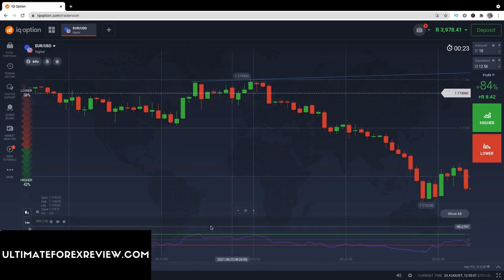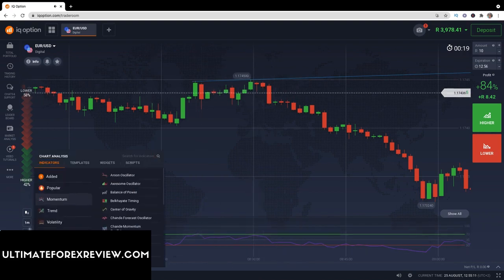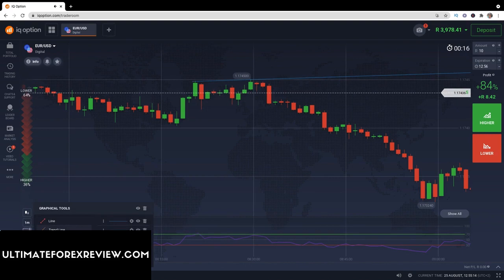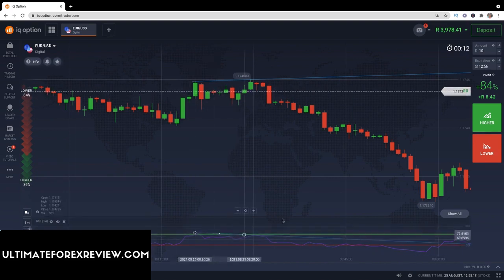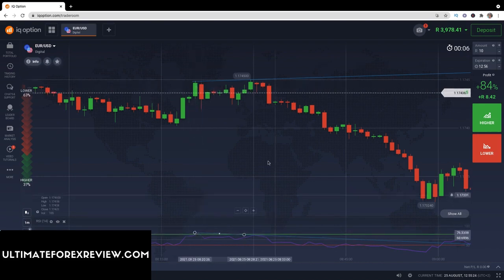However, we have a contradiction on the indicator, and I will indicate that with a line as well. As you can see, we've got a high corresponding with a high over here, and then we have a higher high which contradicts our indicator. Our indicator has not created a higher high, however, it has created a lower high.